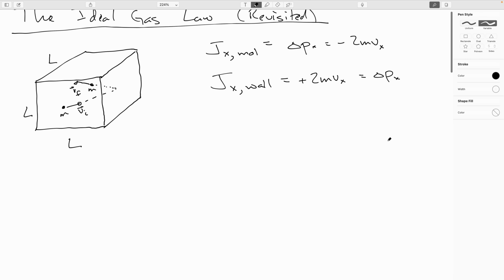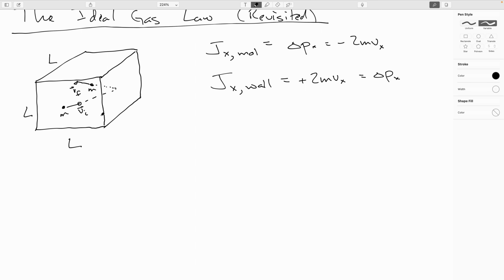Now, what I want to do is characterize the average force that this molecule is exerting on this wall. And so the idea is we can think about it as it keeps rattling back and forth. Sure, it'll hit the other walls, and we'll deal with the fact that it's hitting the other walls in a second, but it won't matter as far as the x is concerned, because the interactions in y and z are just in y and z, and for x, we're only changing the x component momentum.